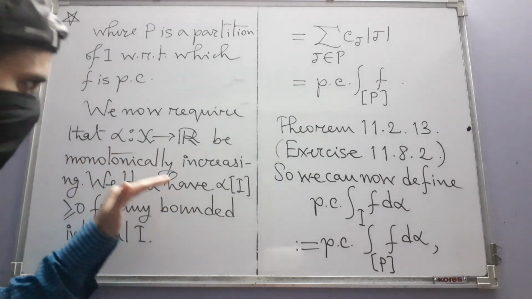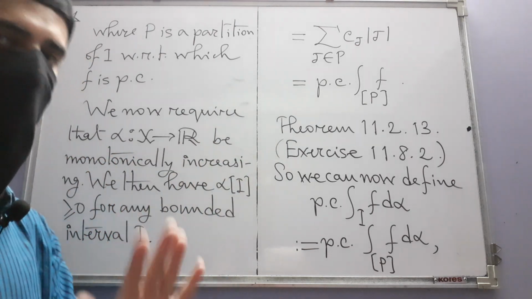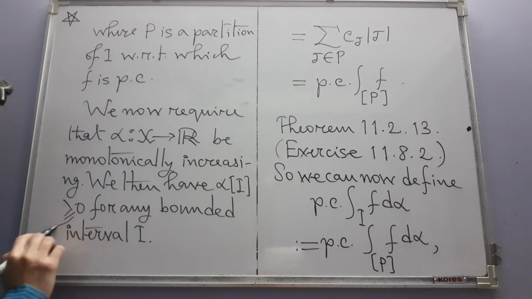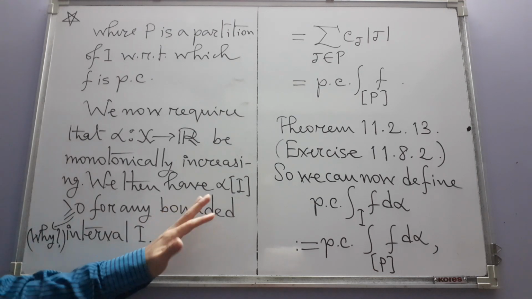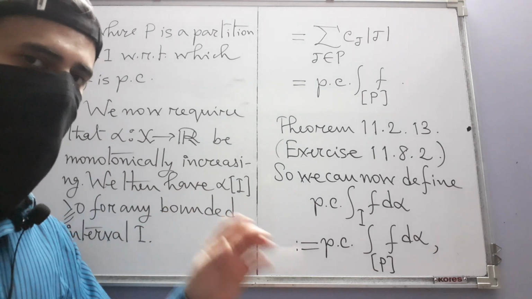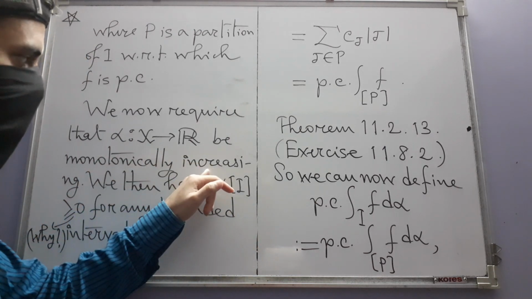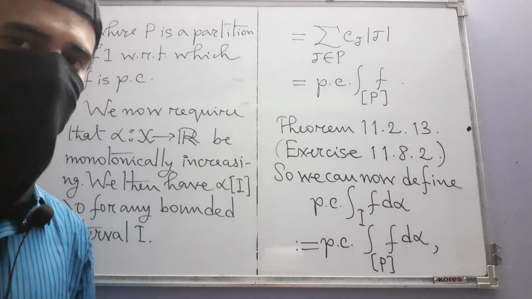So now with this restriction of alpha being monotonically increasing, we are going to have non-negative lengths. But why, or more accurately, how do we get non-negative length? I leave this to you to figure out how the monotonic increasing property leads to non-negative length.